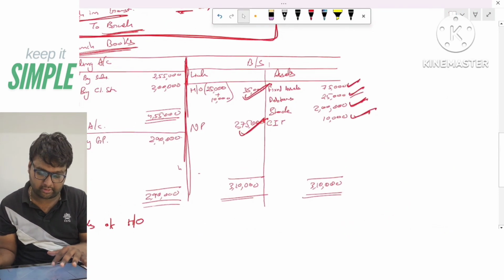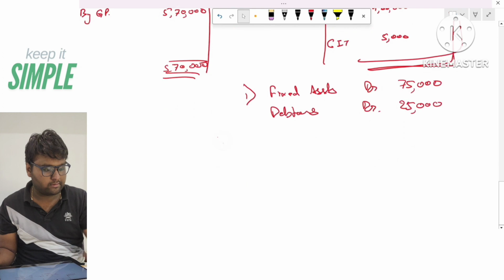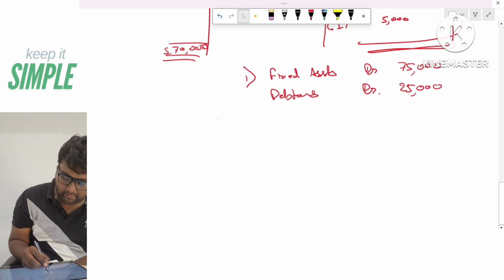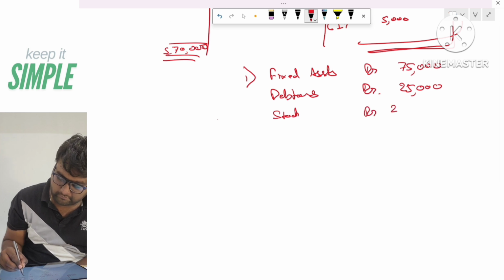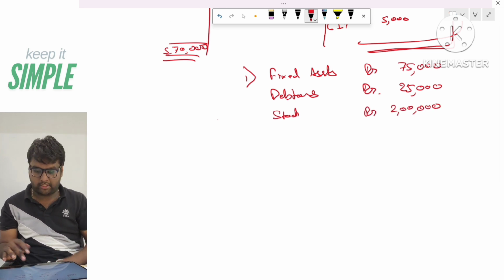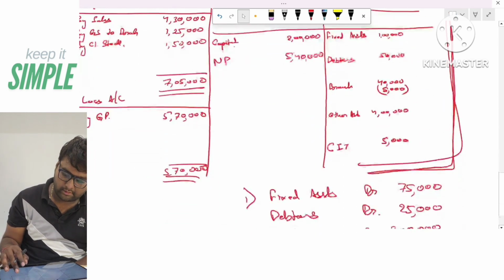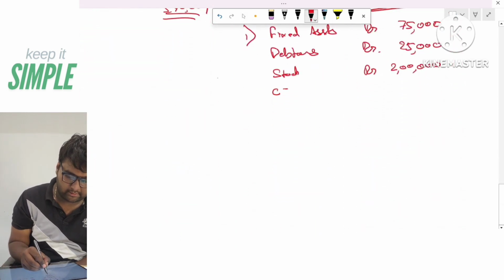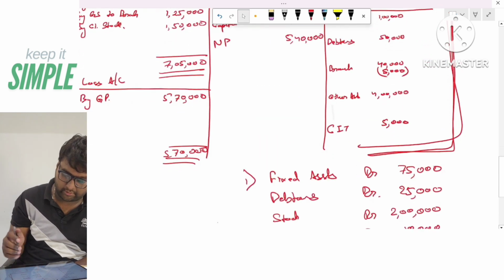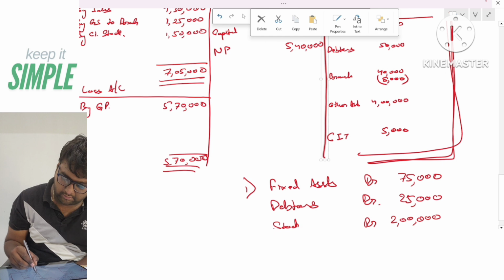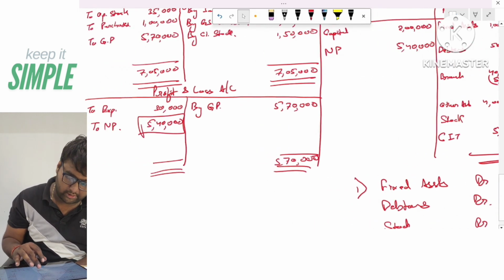We are receiving all these things. Stock 2 lakh. Then cash in transit 10,000. We forgot to add here stocks of head office.